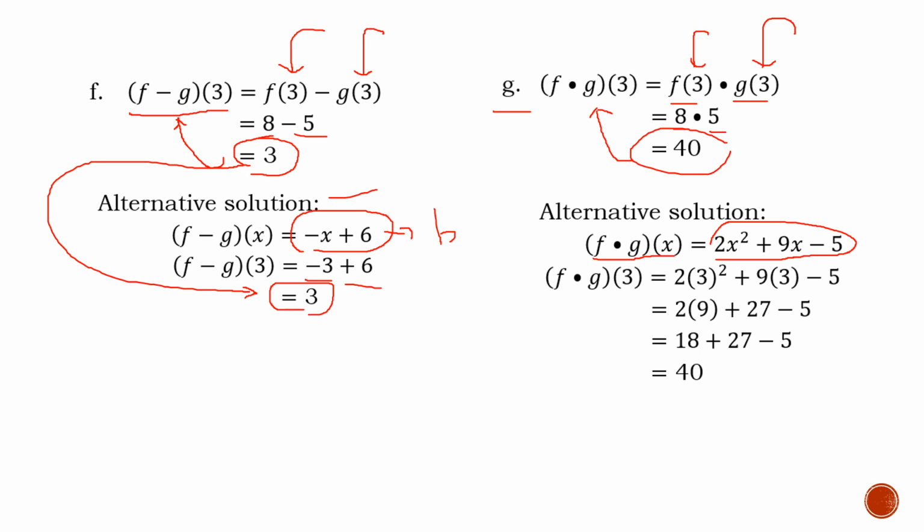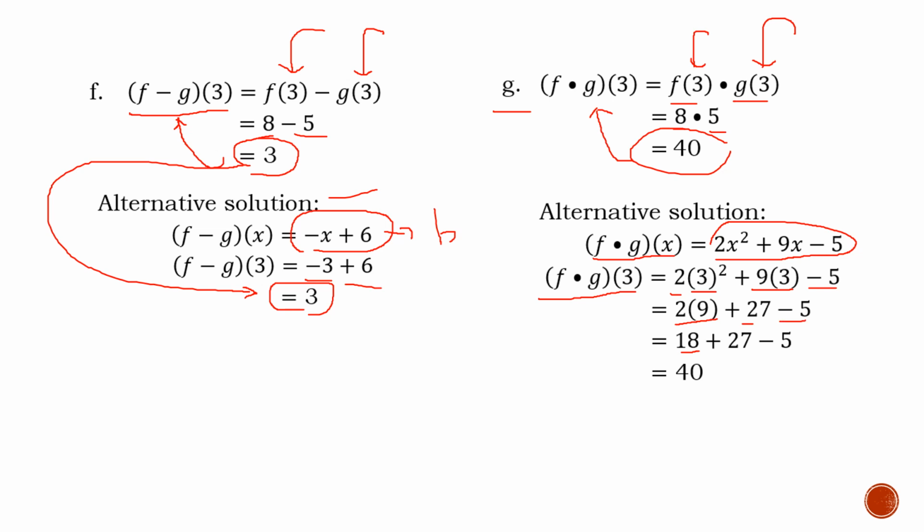We just simply substitute 3 as a value of your x to make it f multiplied by g of 3. So 2 multiplied by 3 squared, plus 9 multiplied by 3, minus 5. So 3 squared is 9, 9 multiplied by 2 becomes 18. Then 9 multiplied by 3 is 27, and we copy negative 5.